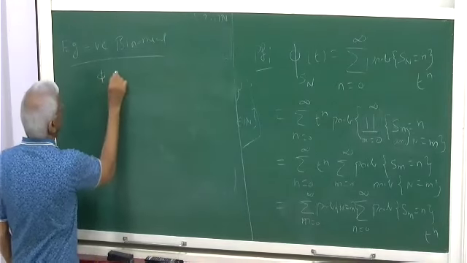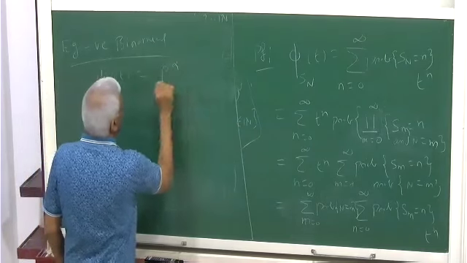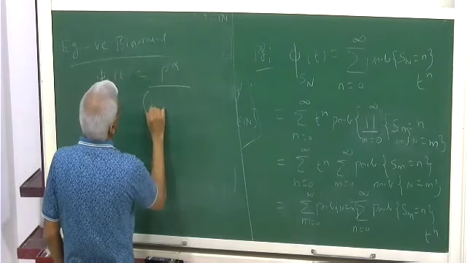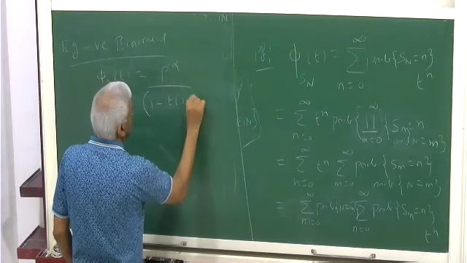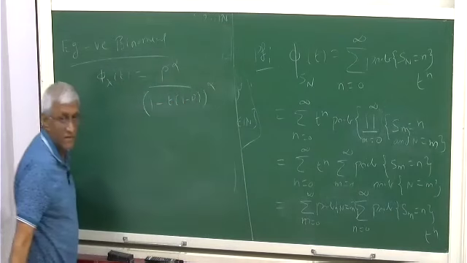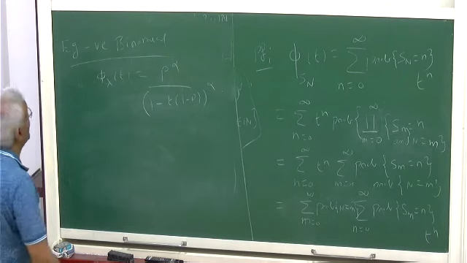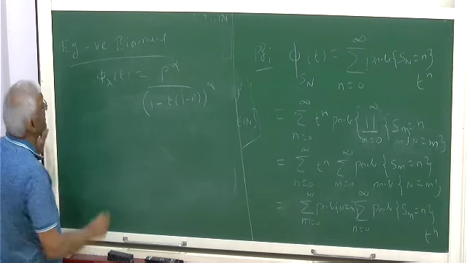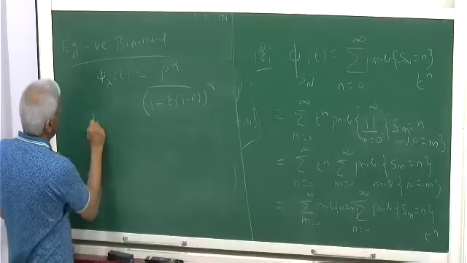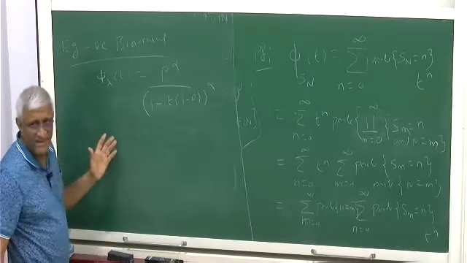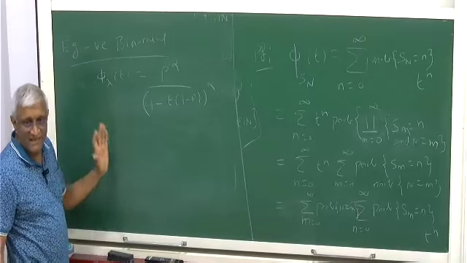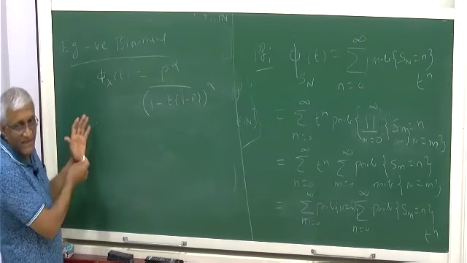Then phi X(t) is p power alpha into 1 minus t into 1 minus t, power alpha. It's above. Yeah, good. Okay, this is the formula. So phi prime, should I write all that? You can compute the variance and the expectation. Similarly, you can do it.